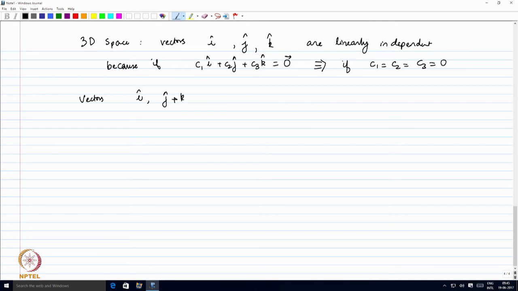Clearly I can write 2 i plus j plus k as 2 into i plus 1 into j plus k. So, I wrote the third vector as a linear combination of the first 2 vectors. I multiplied the first vector by a scalar 2 and the second vector by a scalar 1, and added them up. So, clearly the vectors are linearly dependent.